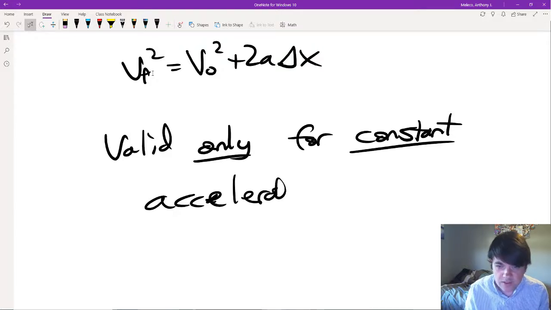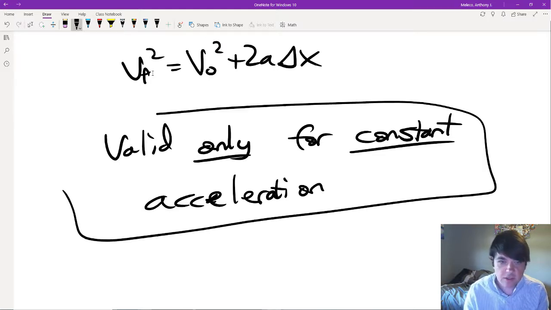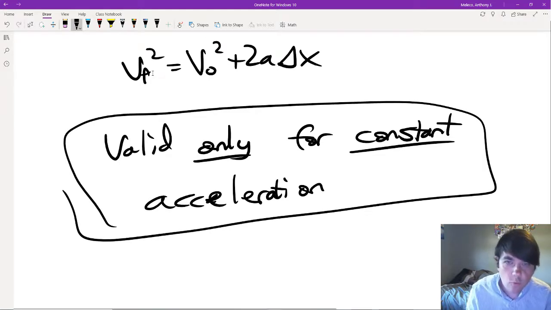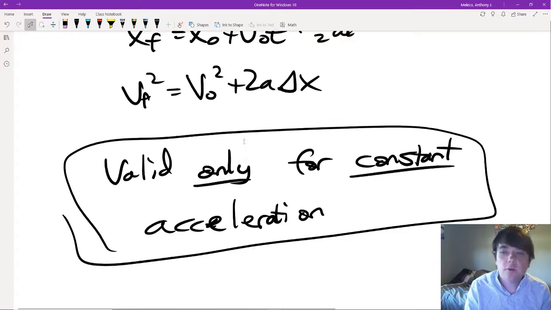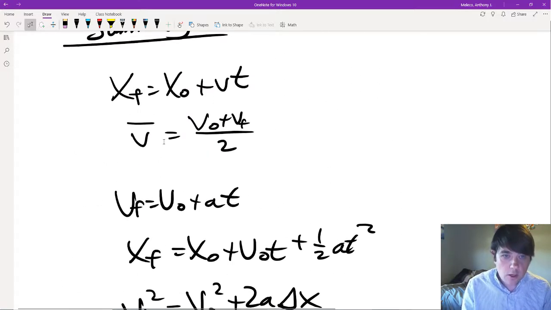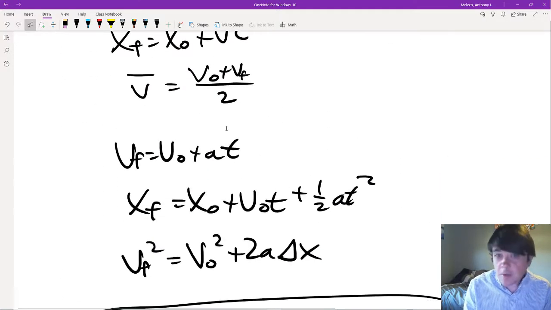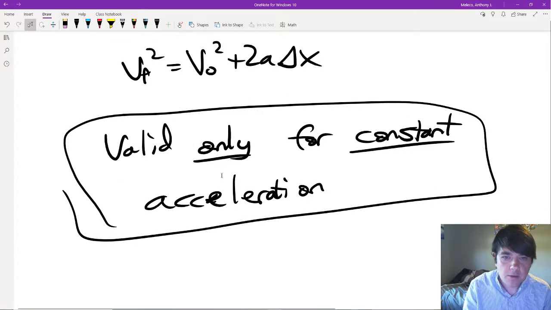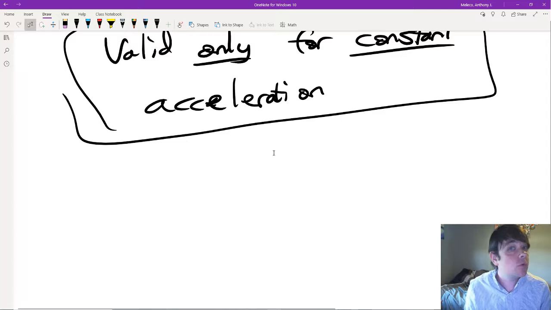We're not going to be doing anything that's not constant acceleration, but just in case you are curious, like you go on in physics and you come back to this, and you're like, wait, these equations don't work for something that's not constant, right? So if you ever come back to this, they're only valid for constant. You have new equations if they're not constant that you need to come up with for each situation.